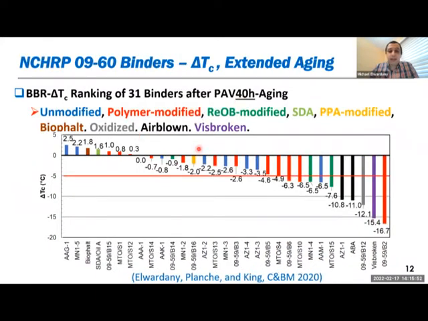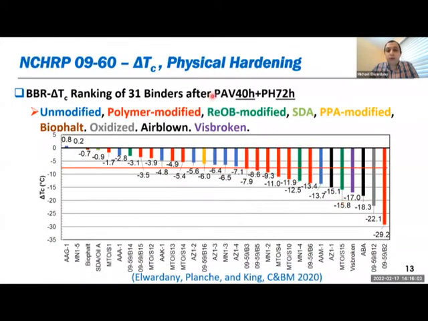Now we did the same study after 40 hours of aging, and again we can identify vis-broken, oxidized, and air-blown binders easily. And then we also did a study on oxidative aging and physical hardening. Here we stored the material at low temperature for 3 days and measured the BBR data to come up with delta TC.